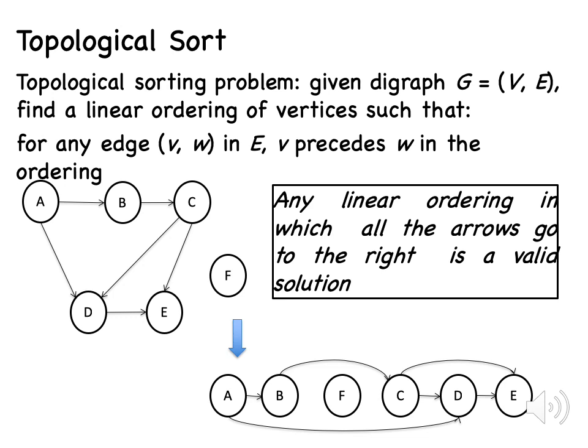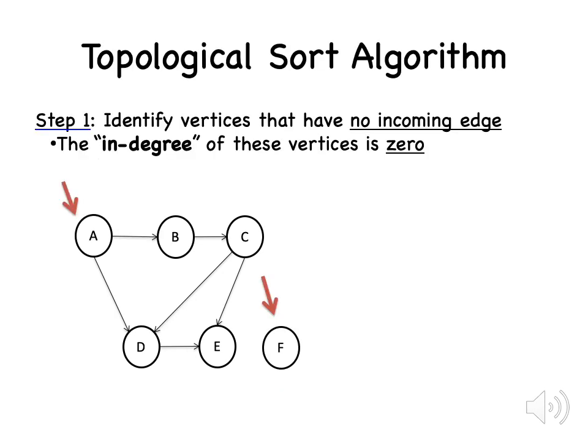Let us see. As in the box, any linear ordering in which all the arrows go to the right is a valid solution. If, when drawing it, an arrow comes to the left-hand side, then it is not a valid one. Now, in the algorithm, the first step is to identify vertices that have no incoming edges. That means the in degree of this vertex is 0.